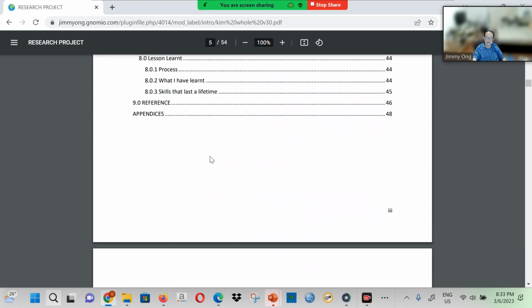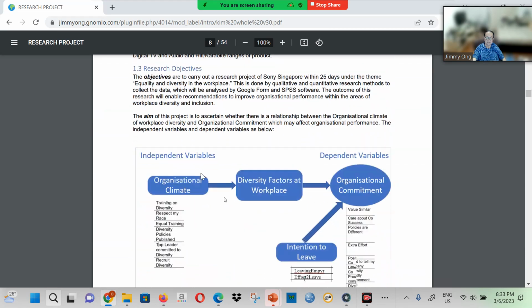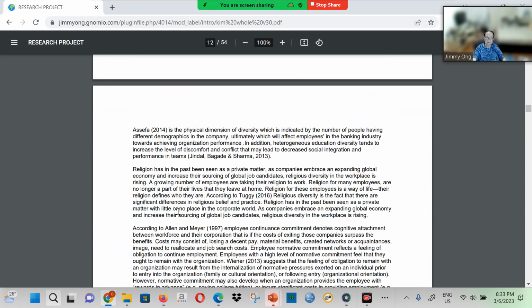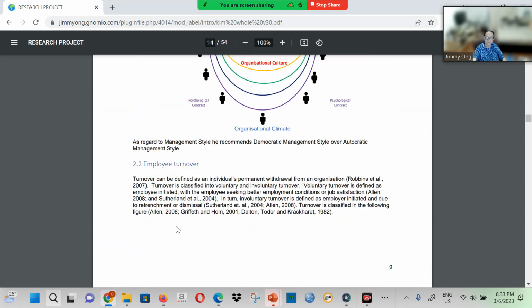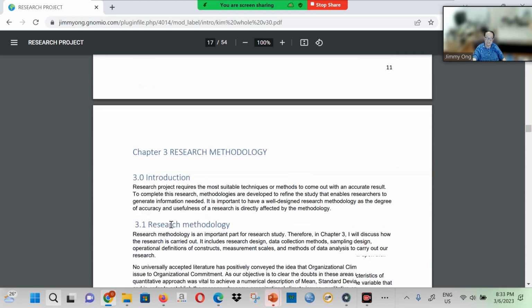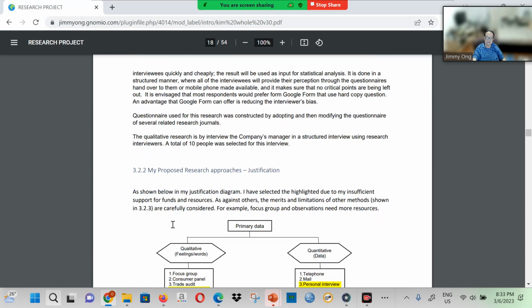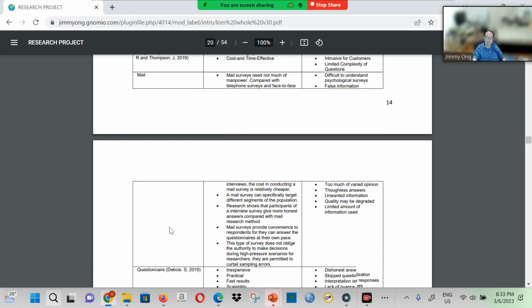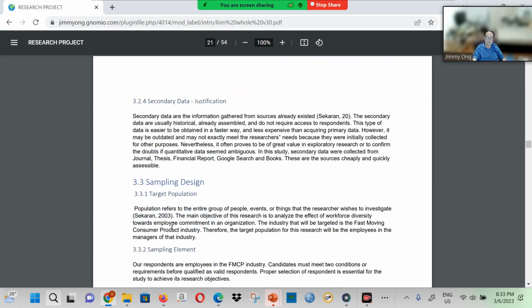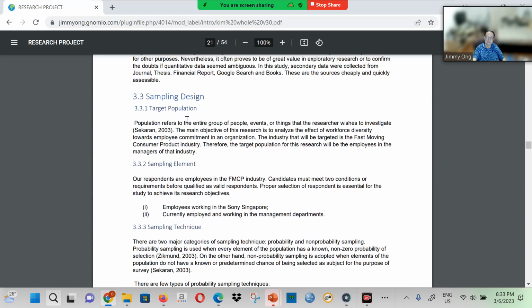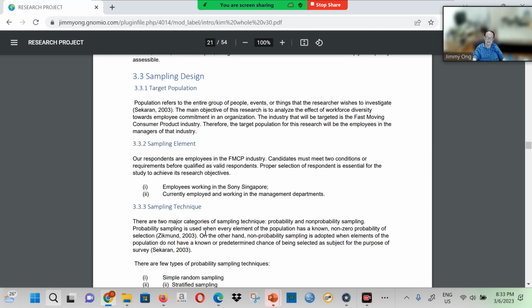You don't have to put so many, but you need to put sample size, right? You must describe your sample size. Tell me what is it? Is it non-probability or what? And how you determine your sample size? That sample design, right? You must explain your technique.